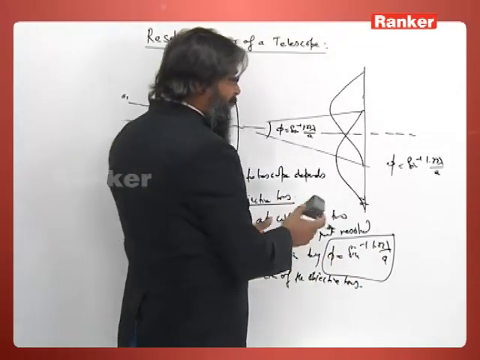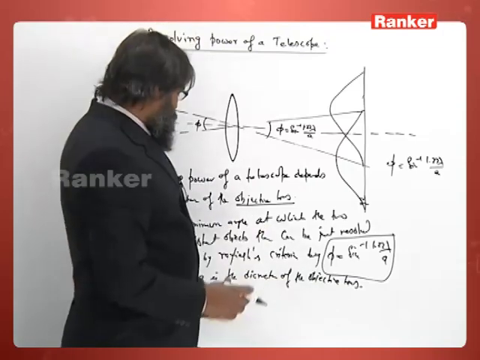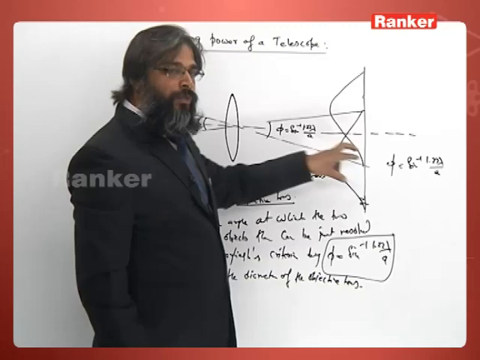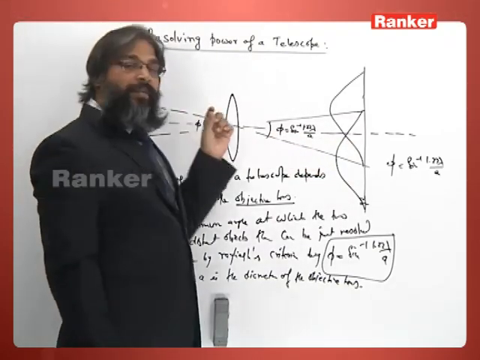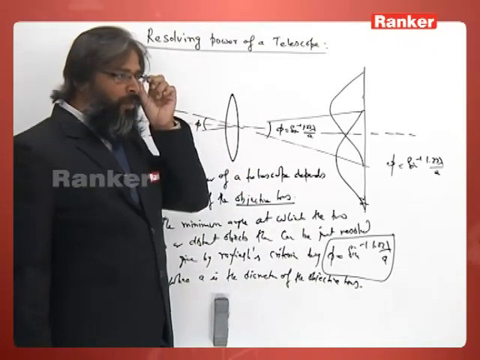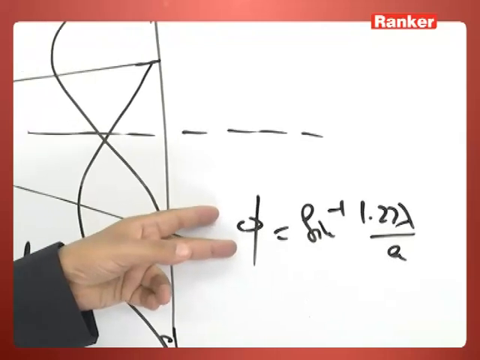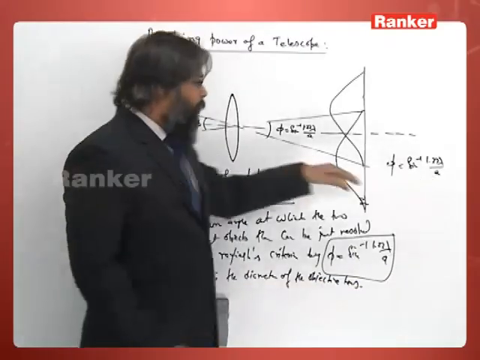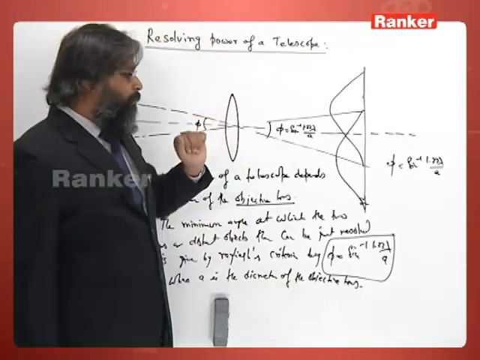Now, this angle is so small, and we want my telescope to resolve two objects, two stars at a very small angle. So in order to minimize phi, we have to increase A. The greater the diameter, the better the resolving power.